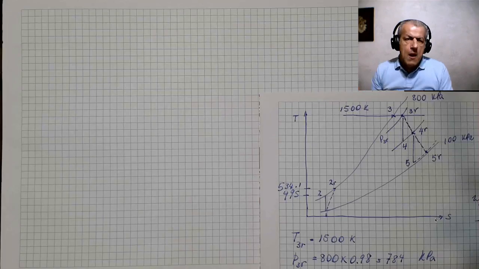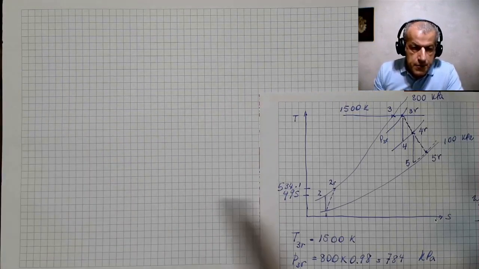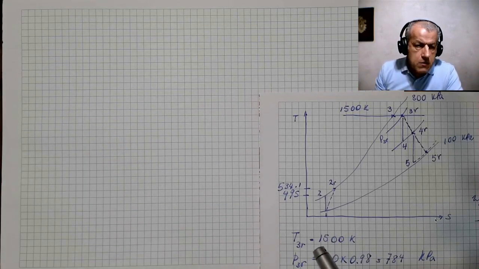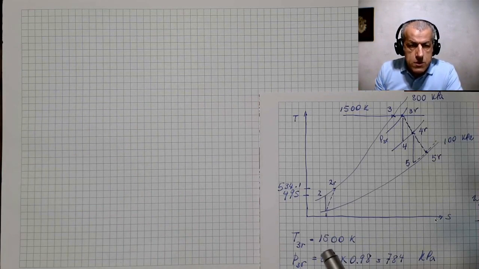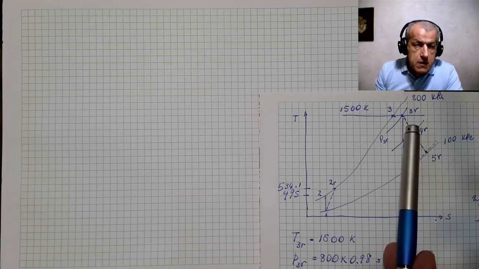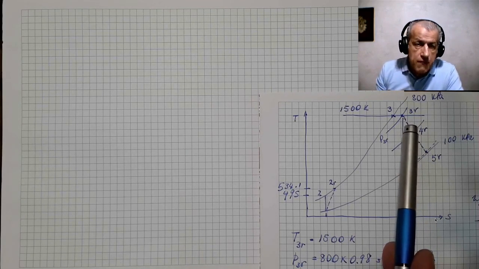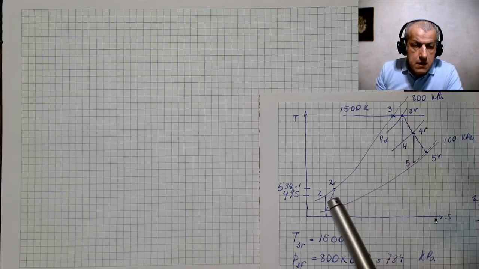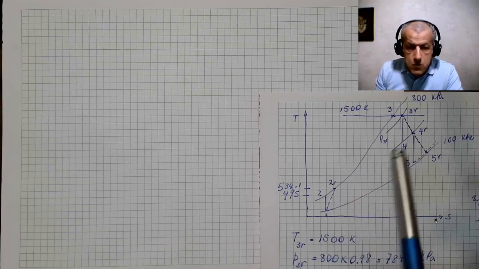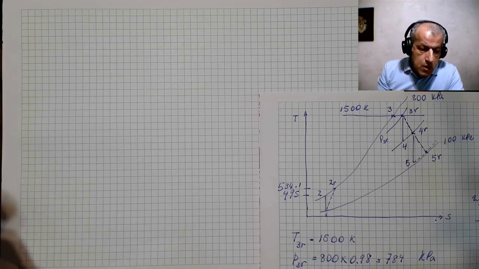kilopascals. So now that we know point 3, we know the real point 3, then the high pressure turbine, which is in fact the compressor turbine, should be able to produce enough work to run the compressor. So the two works, real works, should be equal.